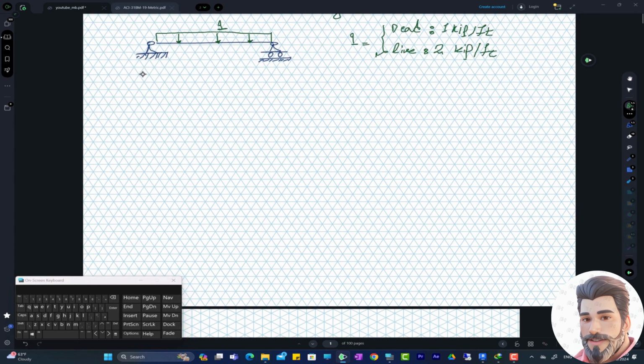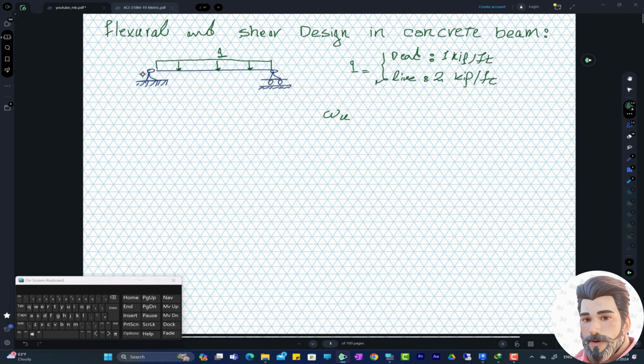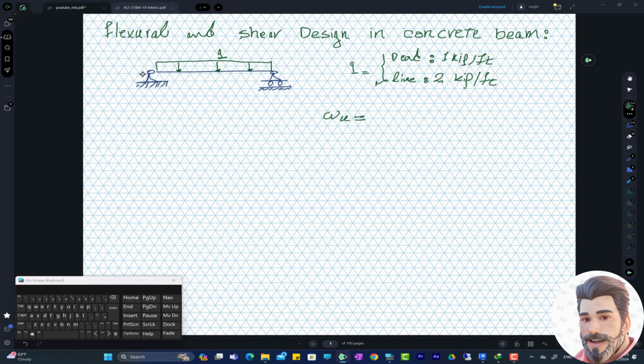Now we obtain the factored load by the ACI equation, and the equation is equal to dead load multiplied by 1.2 plus live load multiplied by 1.6.